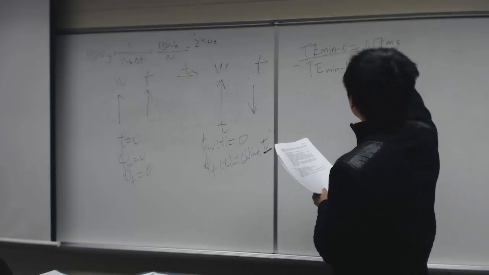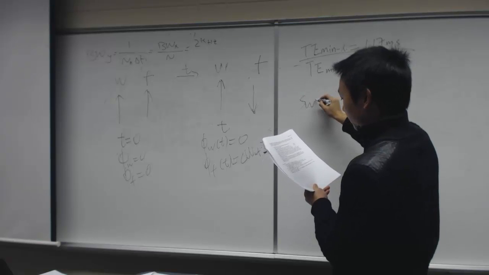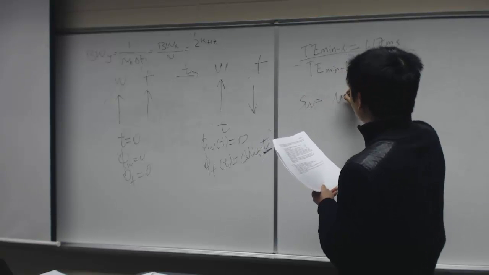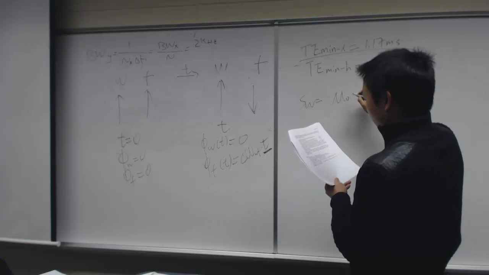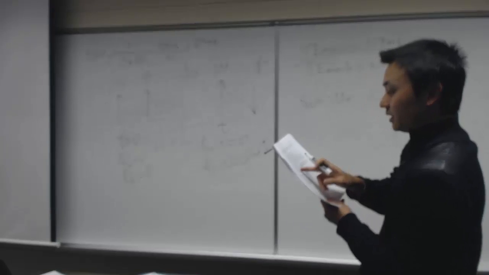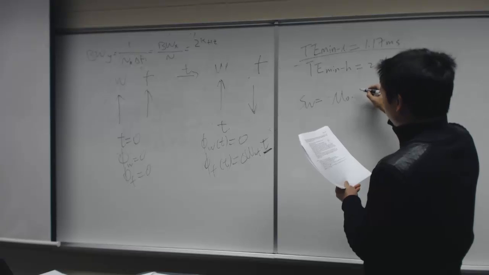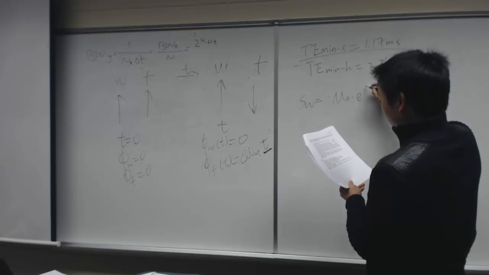So let's say at this one here, the water signal is M naught because it has magnetization of M naught.